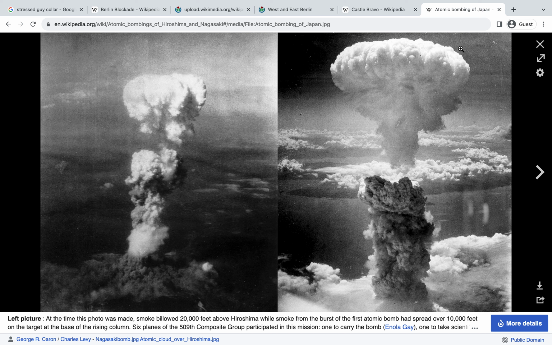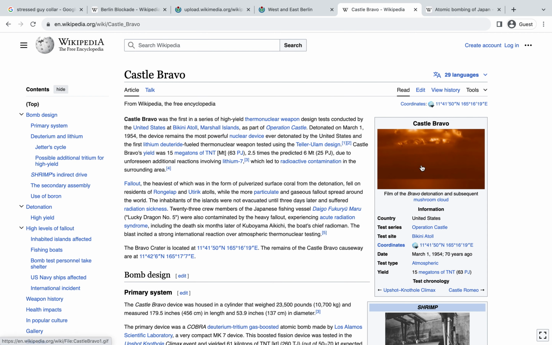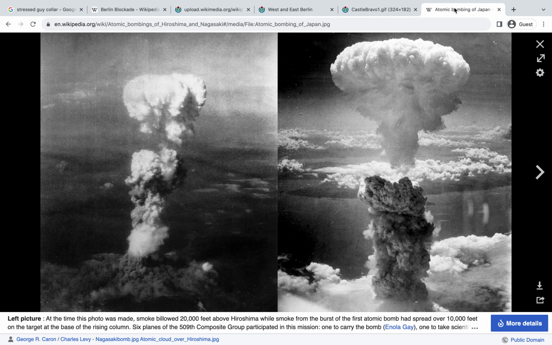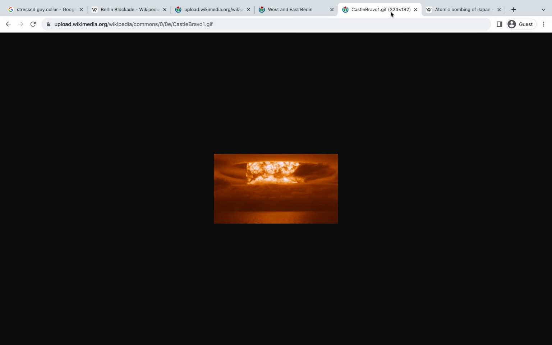And this one is the second. Just looking at these pictures and comparing them to Castle Bravo, it is night and day. This is preschool when you really look at something like this.